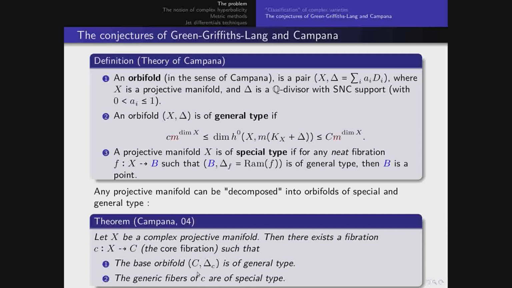So you have this sort of decomposition, as I said above, and let me just say also that this core fibration satisfies a universal property, so the fibration of general type under X will factorize through C. Okay, so now you can decompose any manifold into orbifolds of special and general type, and if you remember what we said about entire curves, there are two conjectures which I'm about to introduce which relate the properties of orbifolds of special type and general type with entire curves.